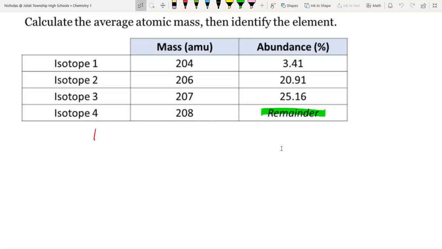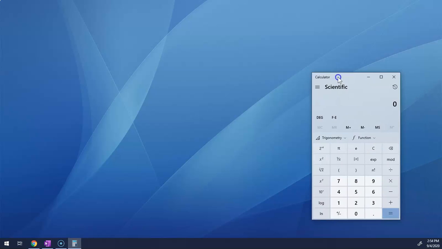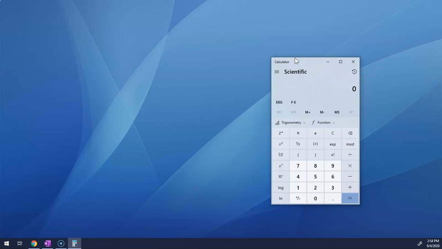So from 100%, I'm going to subtract 3.41, 20.91, and 25.16. So 100 minus 3.41 minus 20.91 minus 25.16, I get 50.52.